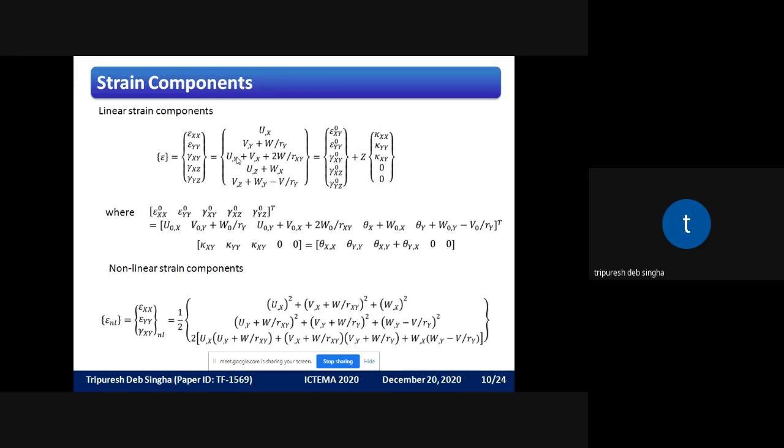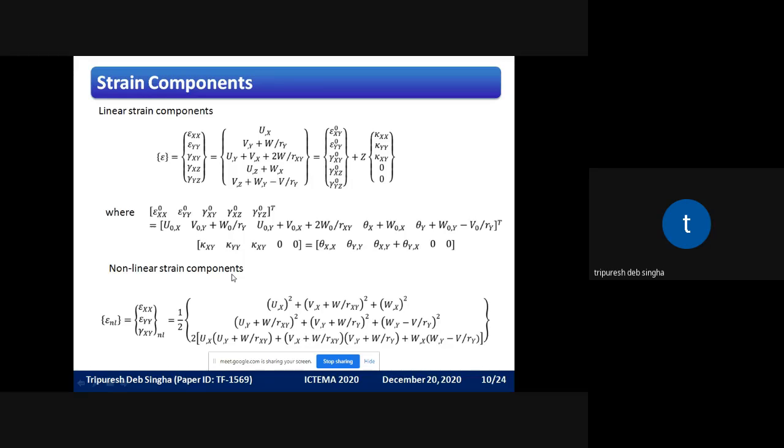Now the linear strain components are determined from these displacement components by using this formula, where epsilon 0, the mid plane strains, are related with the mid plane displacement components U0, V0, W0 by this formula.